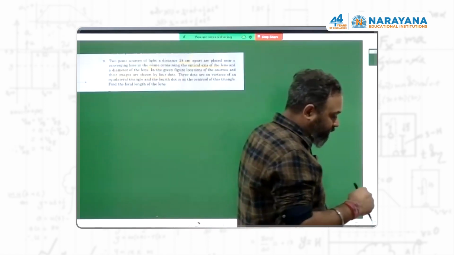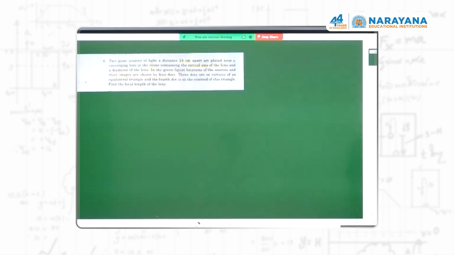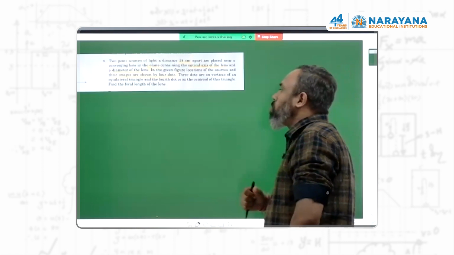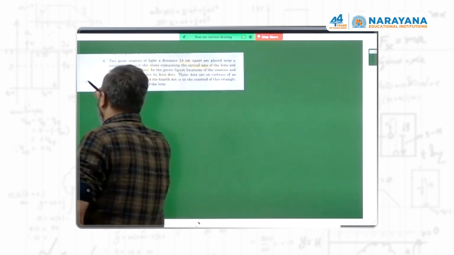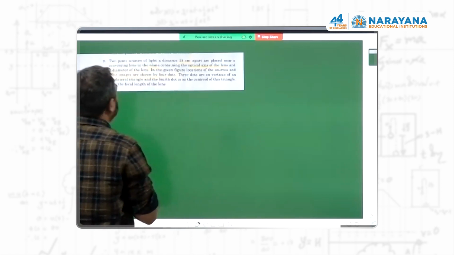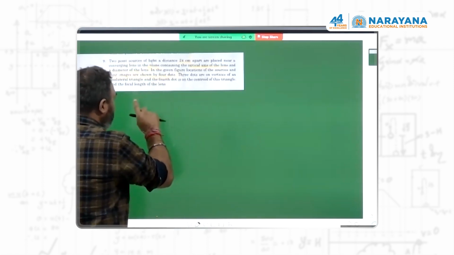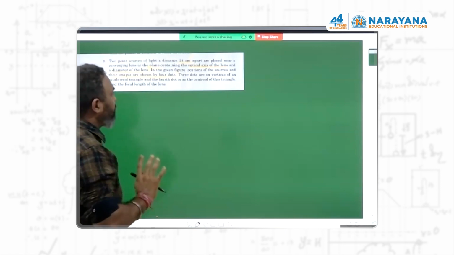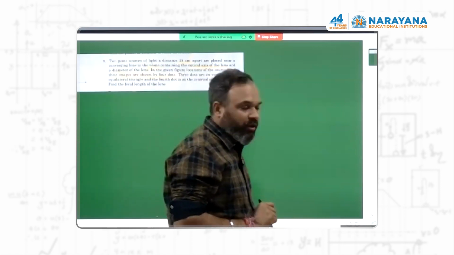So you can see that they have given you an equilateral triangle and the centroid of the triangle. These 4 points basically comprise 2 point sources and 2 of their images, right?